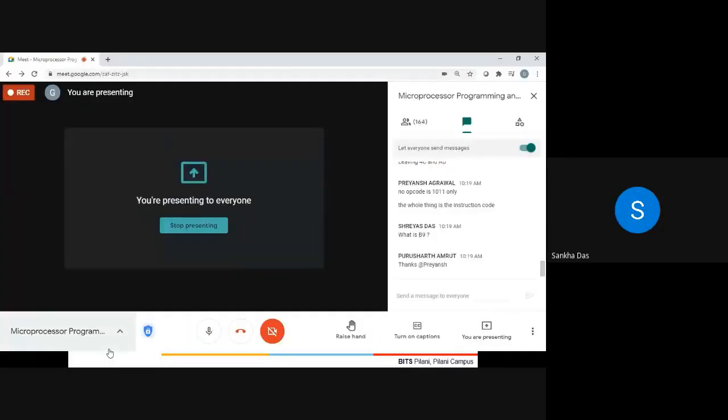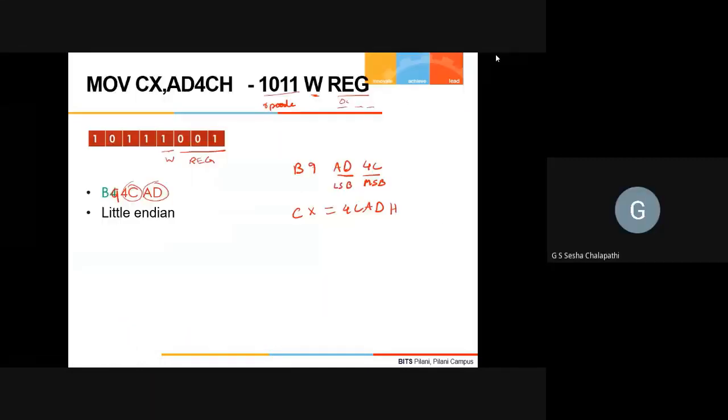Sir, can you please repeat this last point again about that interpretation? Right. His question was, why should I bother about the order? Why should I put it as 4CADH and not AD4CH? It is a little endian processor, so the processor will anyway understand it and put it in the right order.